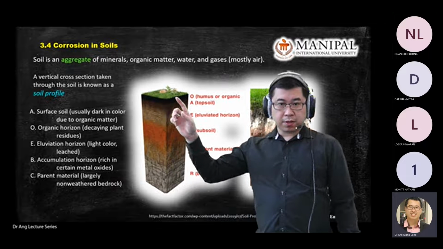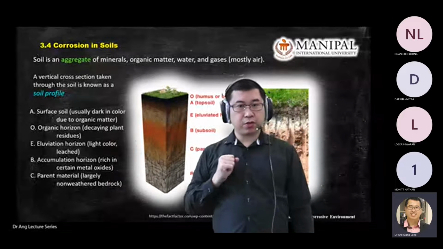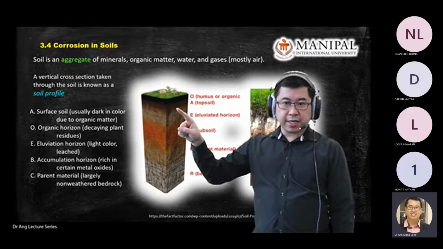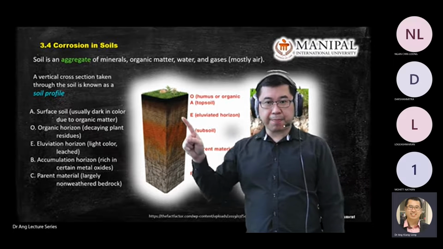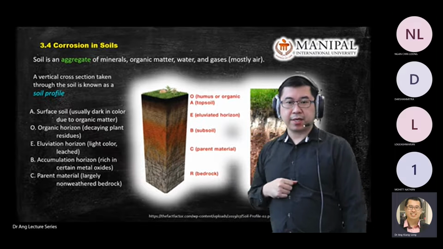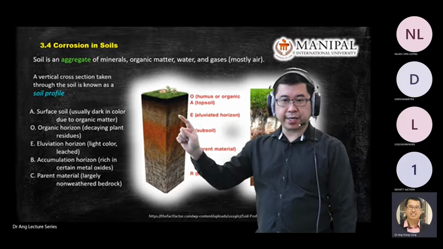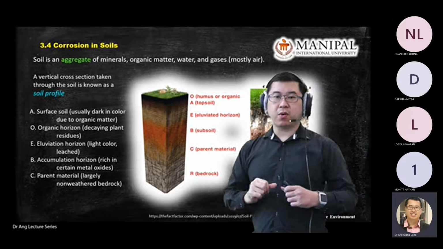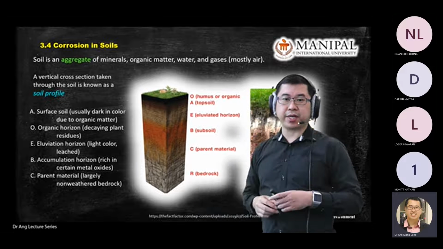So these are the letters that we use when we talk about the soil profile. Each layer will contribute to corrosion and at a different rate. So we are going to talk about the properties of each layer, and then we try to find the reason why corrosion can happen and what contributes to the corrosion rate.